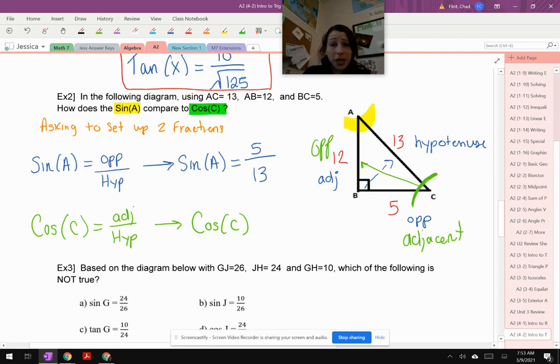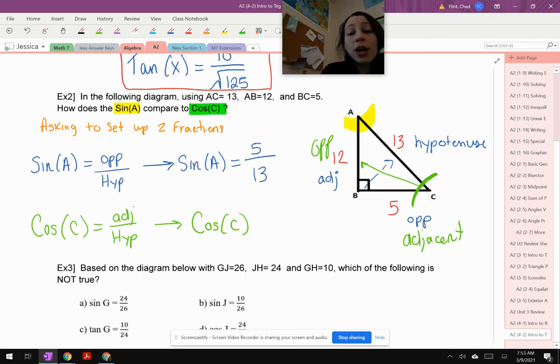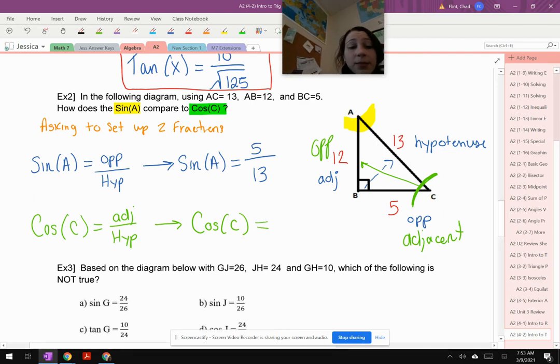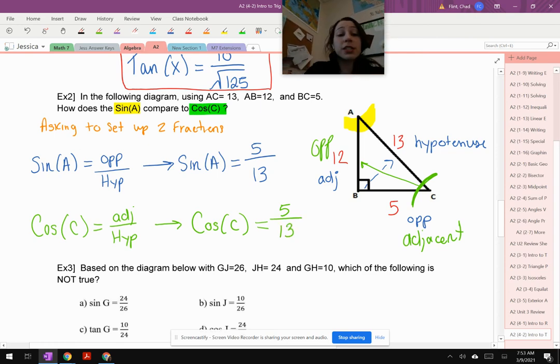Notice how those switched depending on which angle I'm using. So the cosine of C is adjacent, which for angle C was the 5, and the hypotenuse stayed the same, which was the 13.